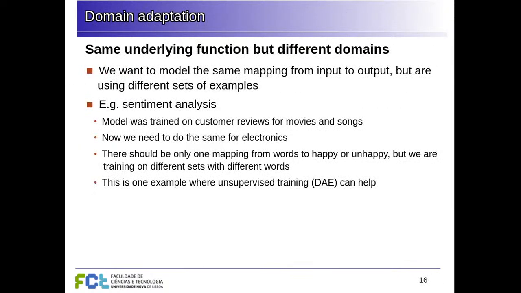There are several different aspects to this idea of transferring knowledge from one problem to the other. Sometimes we can be transferring in the same domain and the same type of problems. Sometimes we have the same kind of problem but in different domains. For example, in sentiment analysis, this is something that is increasingly used.